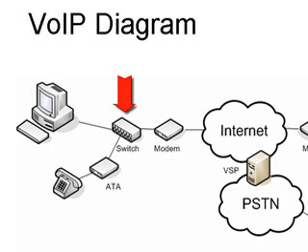For example, me at home, I have 3 computers, so I share the connection using a switch. Sometimes the switch and the modem are combined into one device. What I'm showing you here is just a functional difference. So if you use your PC, basically just download the software from the internet and configure it so you can start making calls.